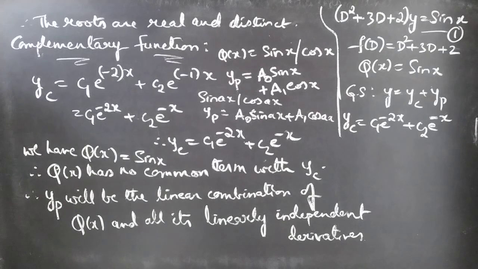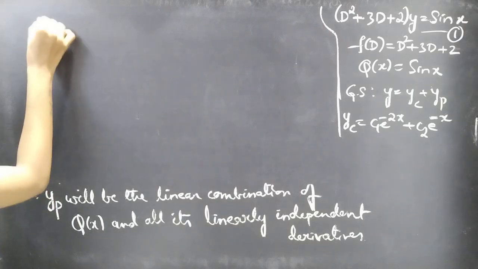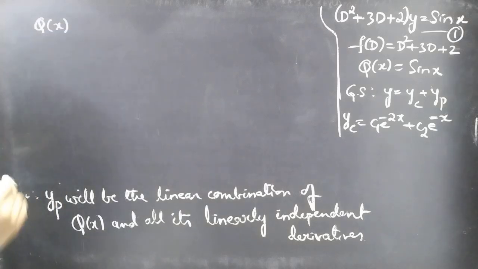Let's see. Now we are going to find a suitable yp such that it satisfies the given equation. Using Q(x) and yc we will find yp.